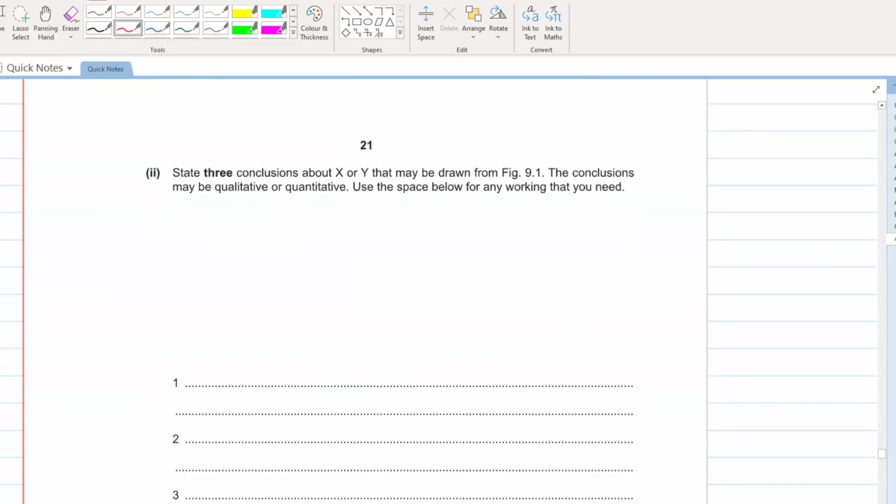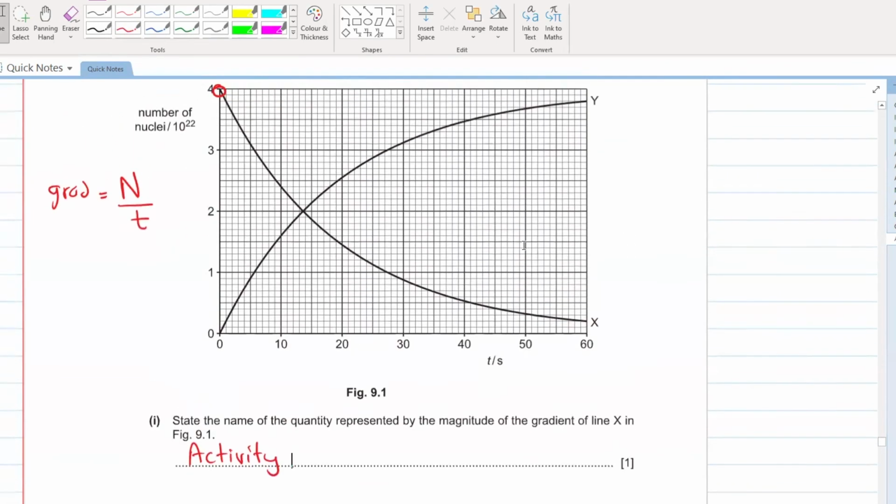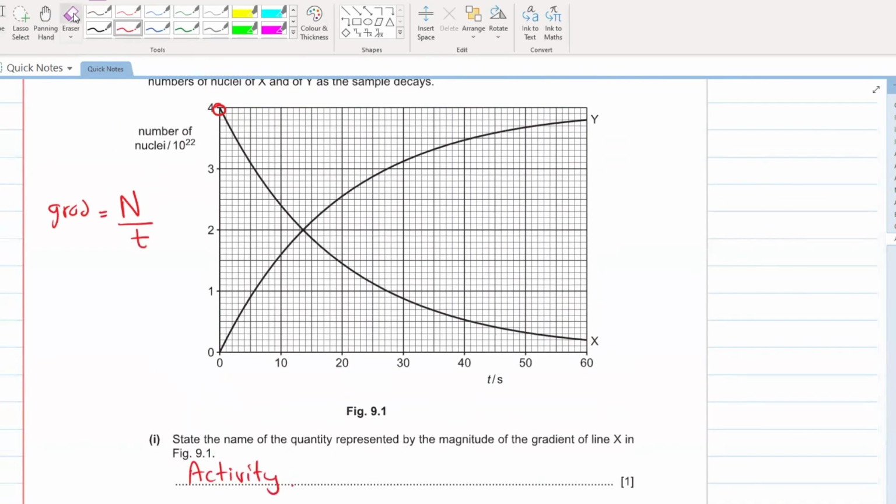State three conclusions about X or Y that can be drawn from figure 9.1. The conclusions may be quantitative or qualitative. Use the space below for any working that you need. The first thing you can see here is the initial number of nuclei is 4.